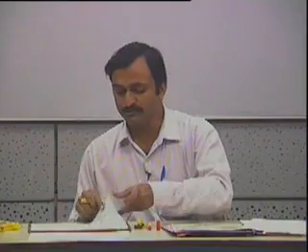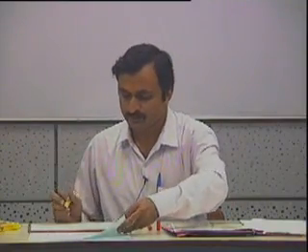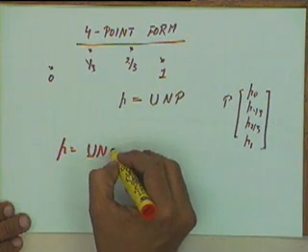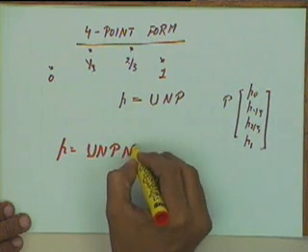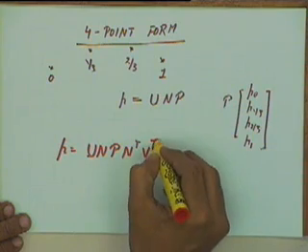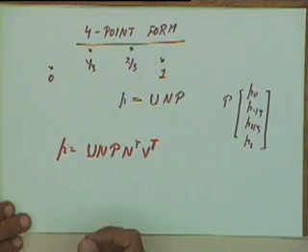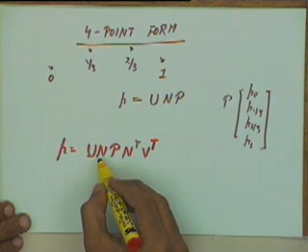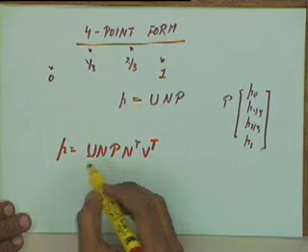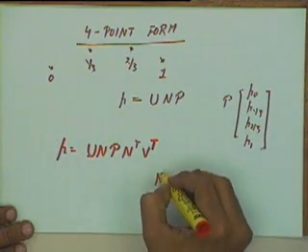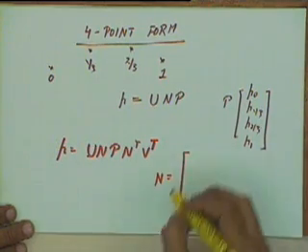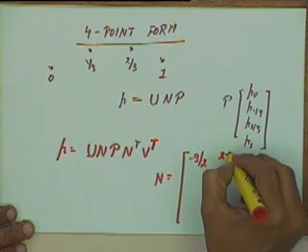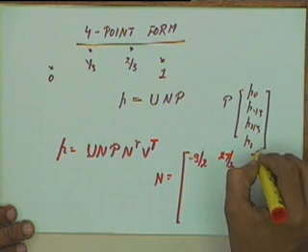And for this 16-point form, we can show that P will be given by U N P multiplied by N transpose multiplied by V transpose, where this matrix N is the same as this matrix N. And just to recapitulate, this matrix N we had given last time also. It is given by these terms.